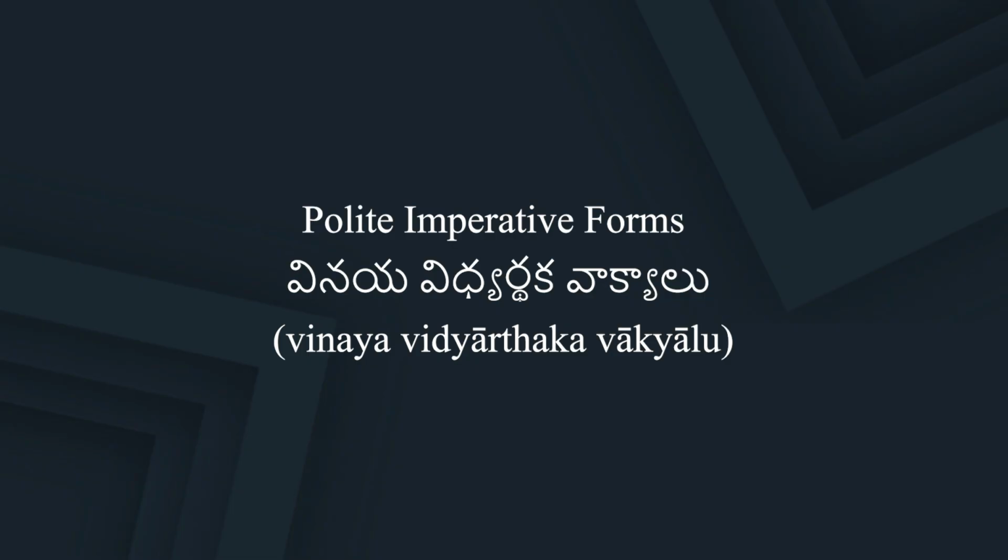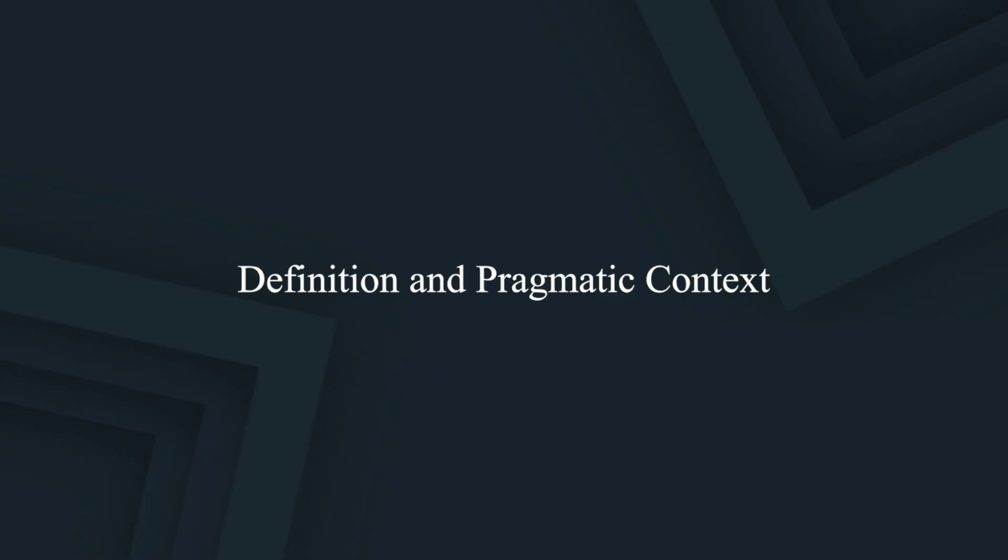Polite imperative forms, which means vinaya vidyarthaka vakyalu. Definition and pragmatic context: the polite imperative is characterized by the suffixation of andi to the verb stem. It is an imperative plural and honorific marker, added to the verbal base to form an honorific singular and plural form.